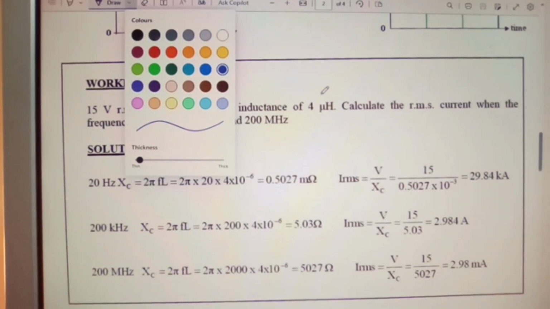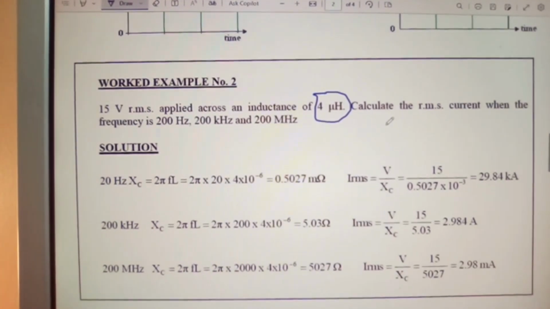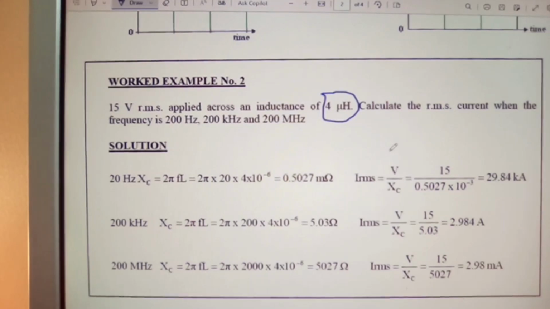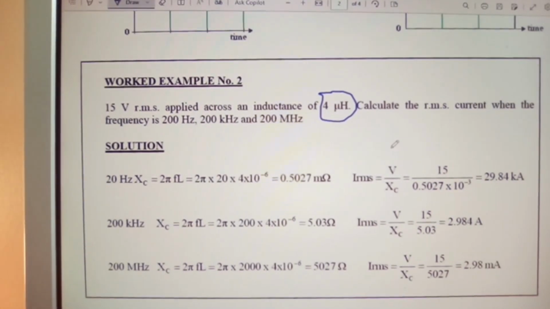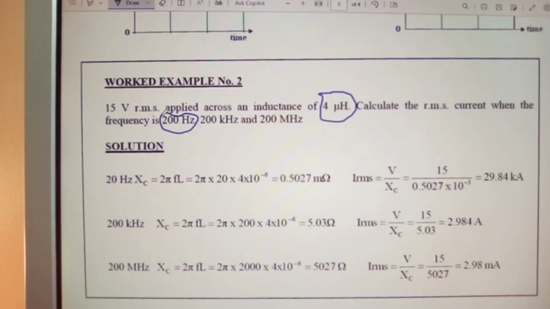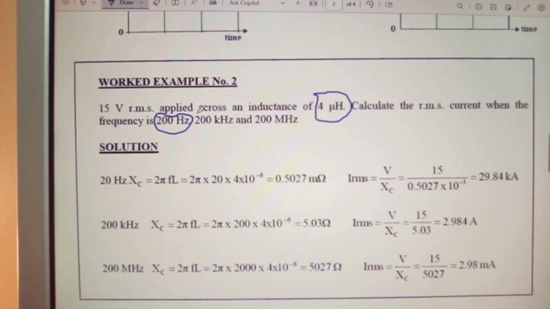Okay, so you can see here that we have 4 microhenries, and again, that's 10 to the minus 6 henries. Very small. Calculate the RMS current when the frequency is 200 hertz, 200 kilohertz.